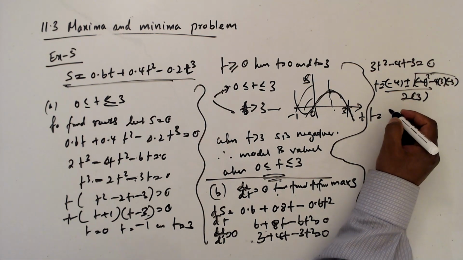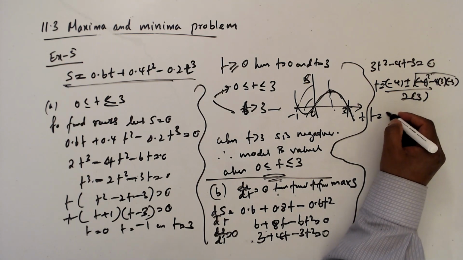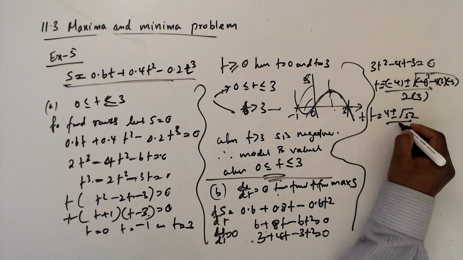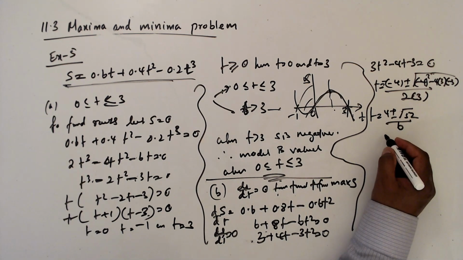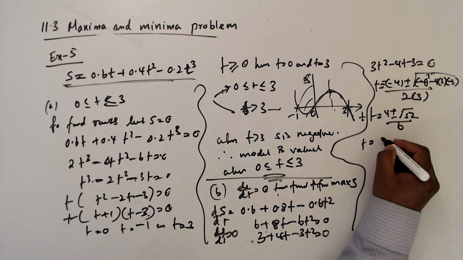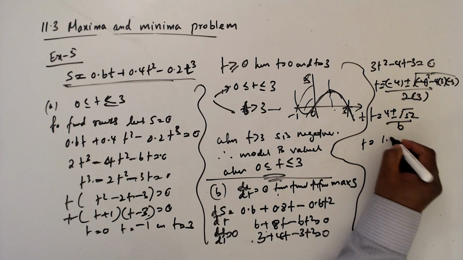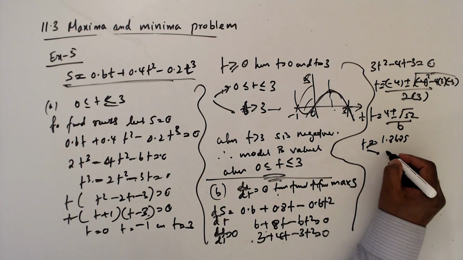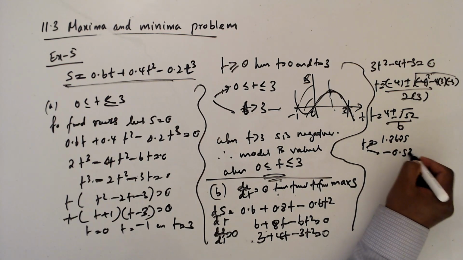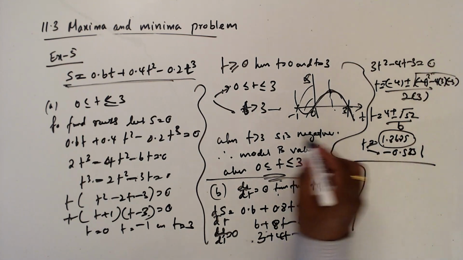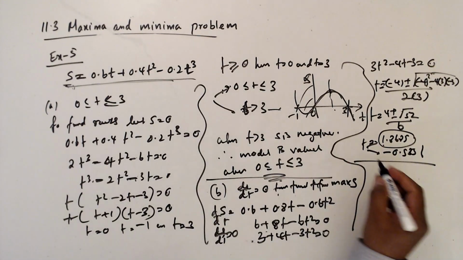So t equals 4 plus or minus the square root of 52 over 6. You will get two answers, one negative and another positive. So t has two options: 1.8685, or the other one, minus 0.5351. So 1.8685 is the relevant t value we need. Then we'll substitute it into s.